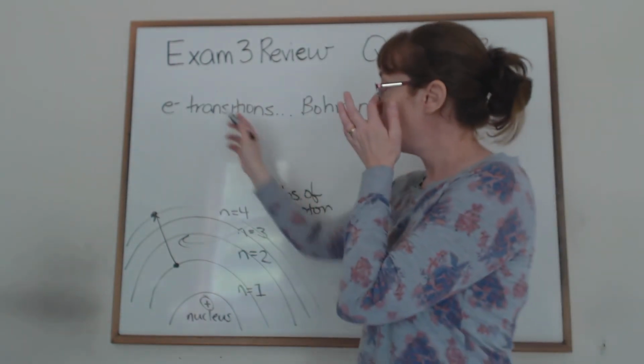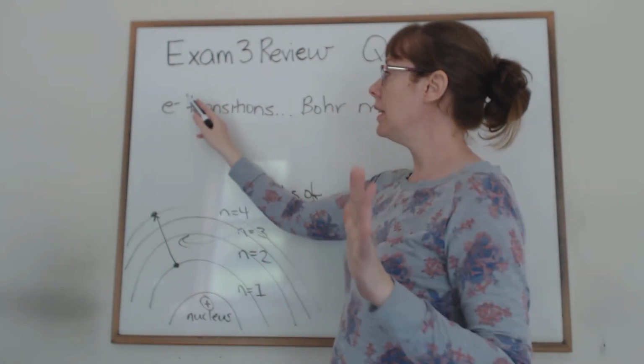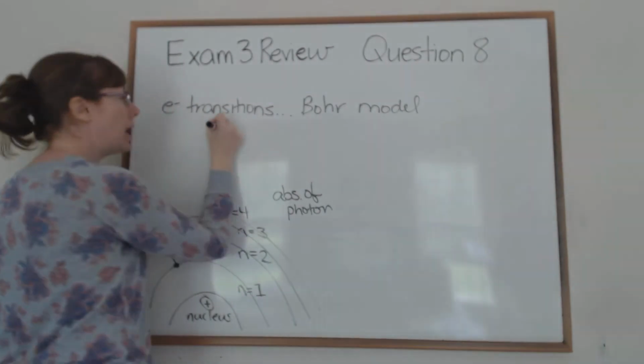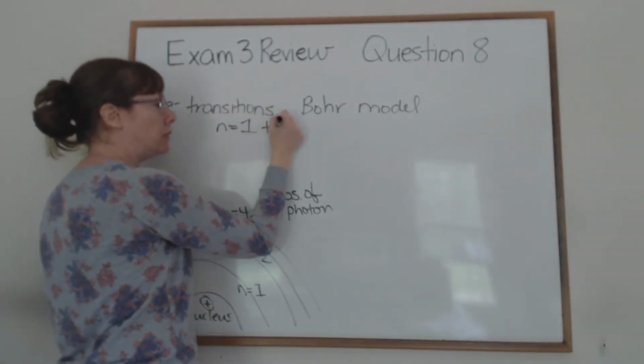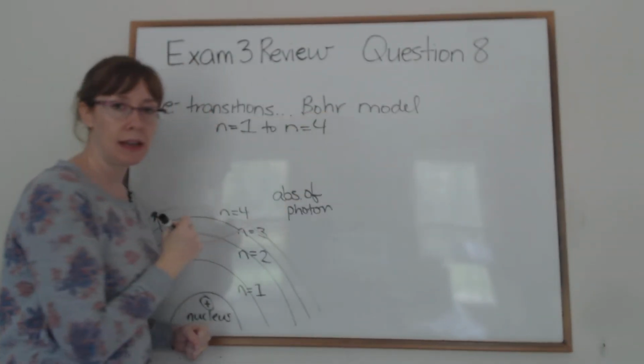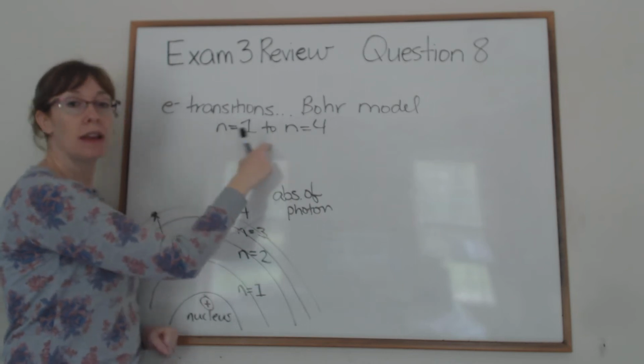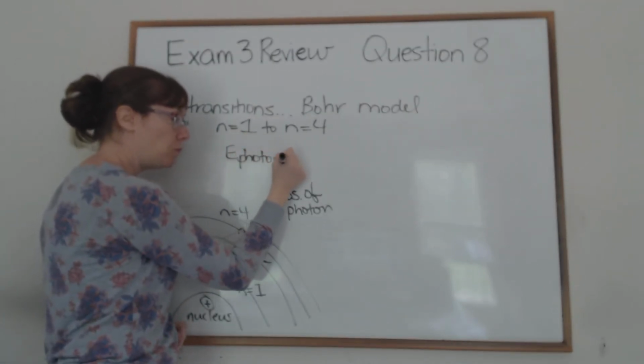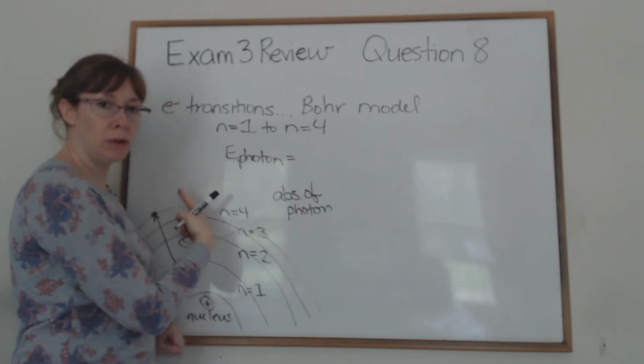All right, so anytime you have a question about an energy transition, and this time we're going from N equals 1 to N equals 4, there's an equation that governs this: the energy of the photon that is either absorbed or released.